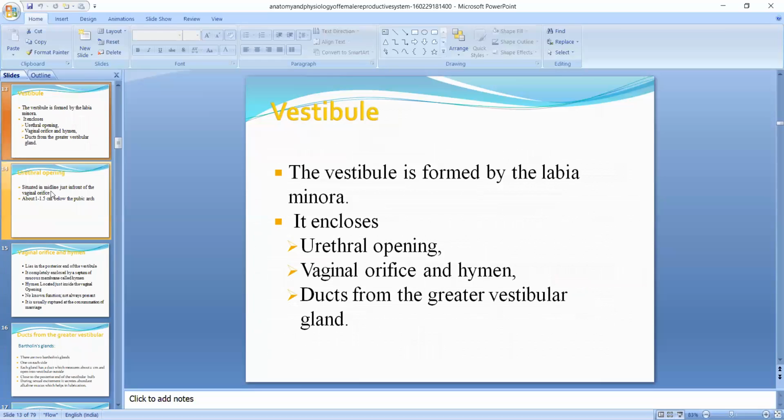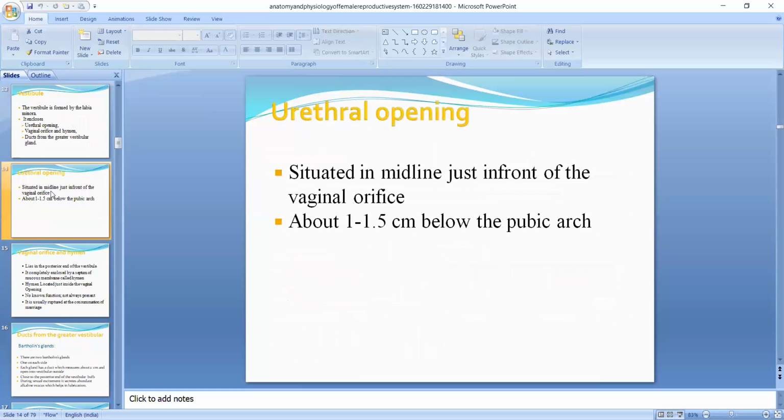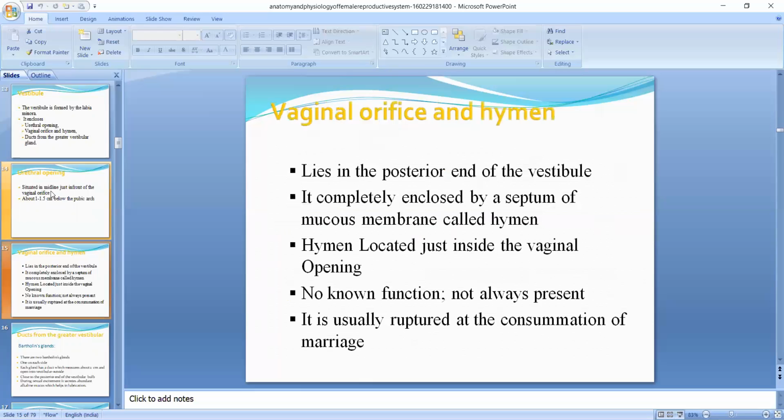The vestibule is formed by the labia minora and it encloses some openings, the urethral and vaginal openings, and some ducts; the greater vestibular glands, Bartholin glands, also open into the vestibule. The urethral opening is situated in front of the vaginal orifice, about 1.5 centimeters below the pubic arch.